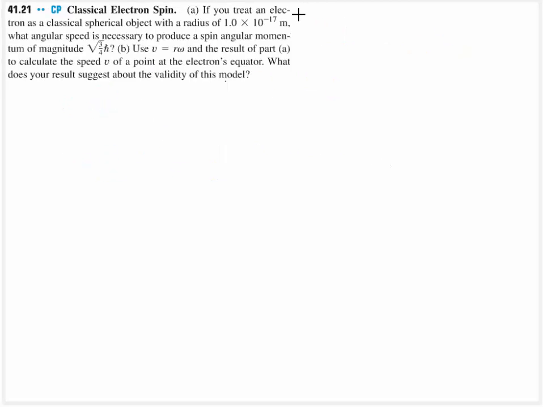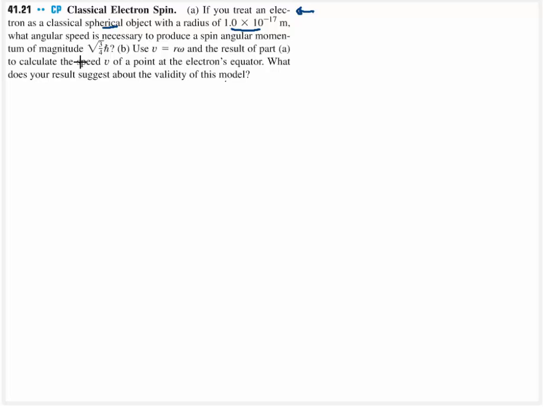So now let's work a fun little problem where we treat an electron classically, as just a spherical object with a radius right over here, and we know what type of angular speed we need to produce a spin angular momentum of the square root of 3/4 h bar.